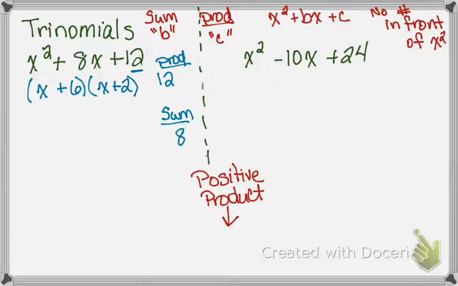Always. Because that is the only way to get a positive product. So my numbers will have the same sign. They will either be positive or they will be negative, but they will have the same sign.